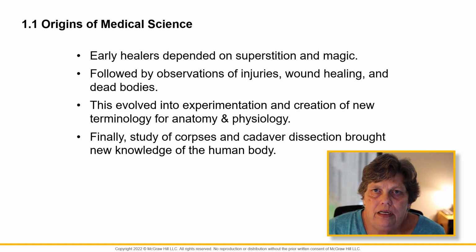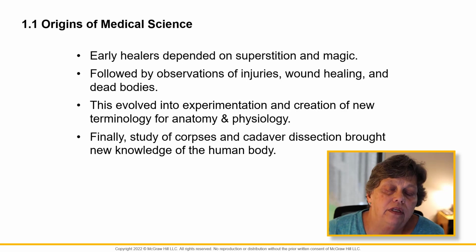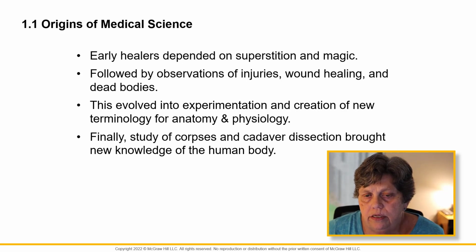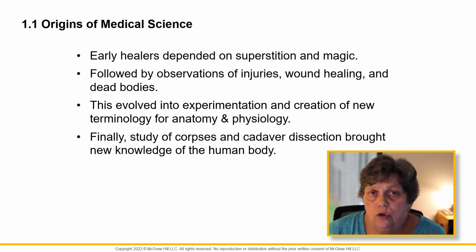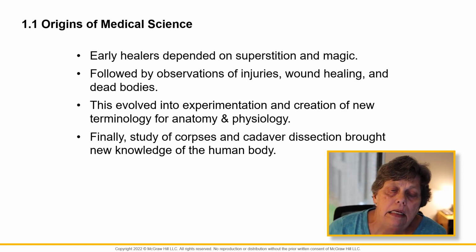We start getting into the Age of Enlightenment. We get past those Middle Ages and into the Age of Enlightenment, and you're talking about people beginning to make observations of injuries, observations of actually cutting bodies open, looking at the inside, finding out what's going on.